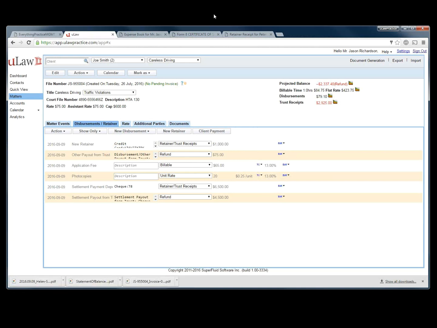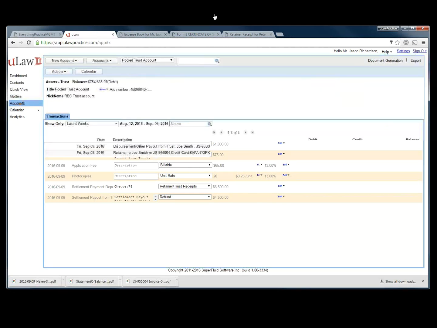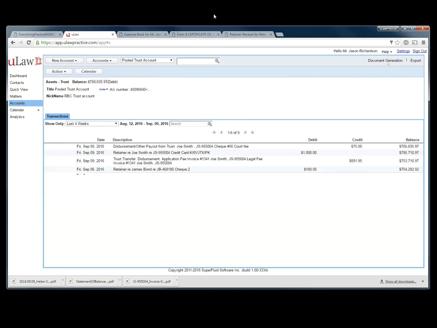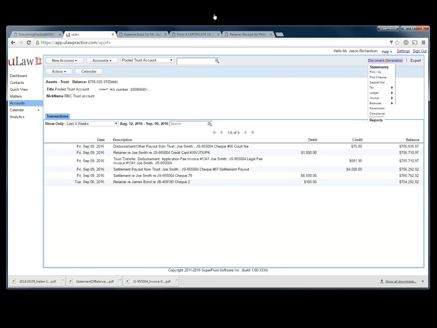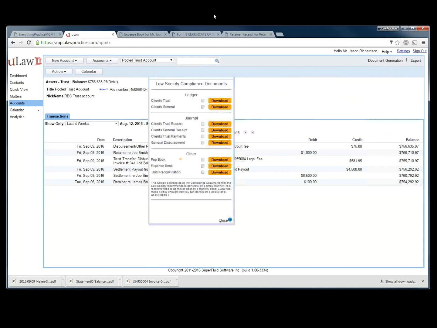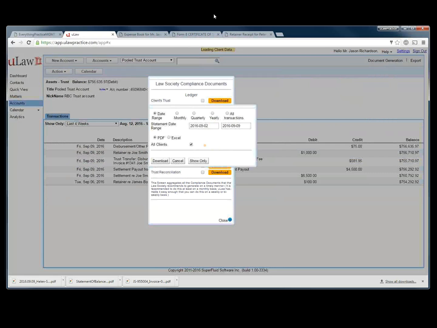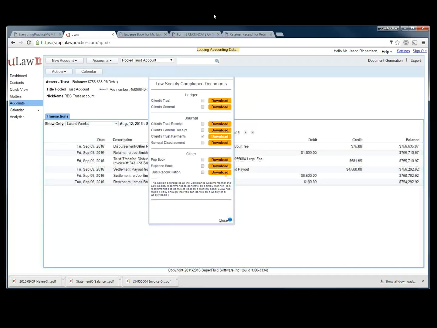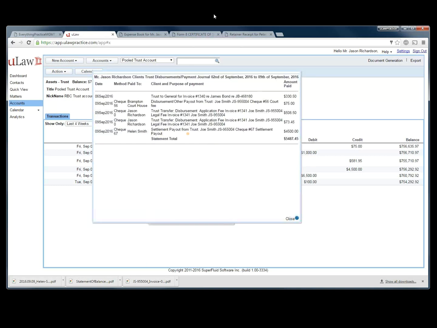That's where, when you establish these two trust journals, the Law Society really looks for that. So when I go back to my compliance, let's look at the trust payment journal right now. I'm just going to do a show only, and you'll clearly see they are looking for who it was paid to.